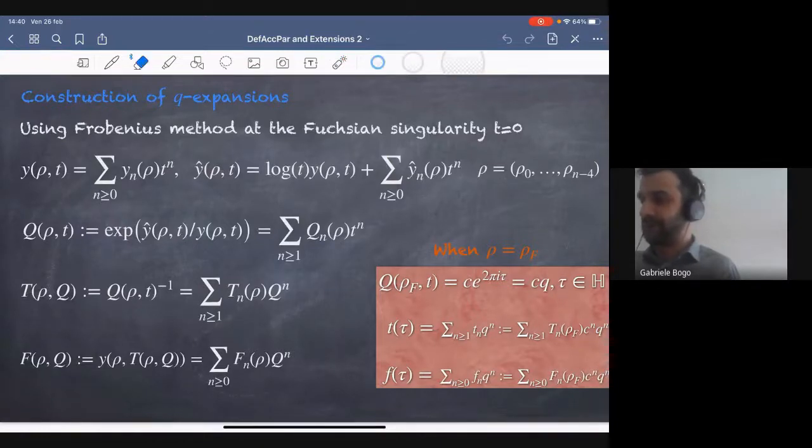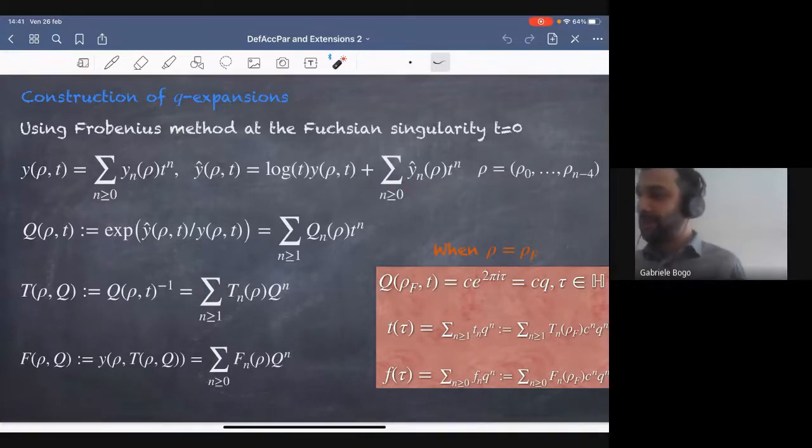For example, you can fix a puncture and take the singular point at 0. And then you can construct the holomorphic solution by a simple recursion, the so-called Frobenius method, and the second solution, which is of the form log of t times the holomorphic solution plus something else which is holomorphic, and you can also determine these coefficients using a different recursion related to the first one.